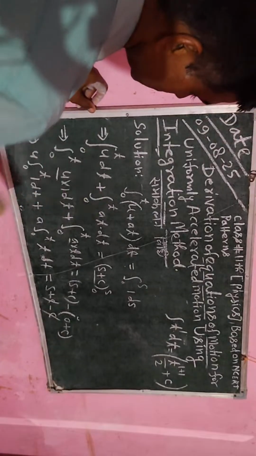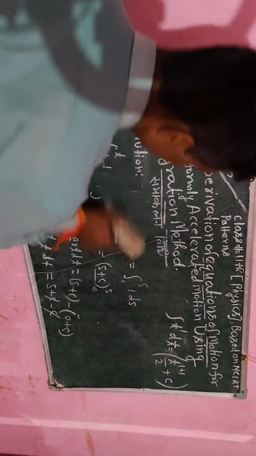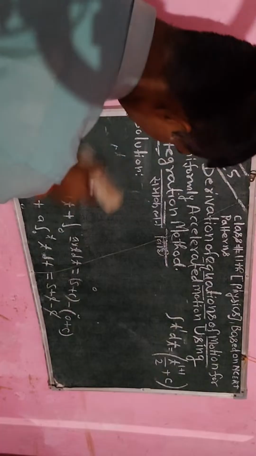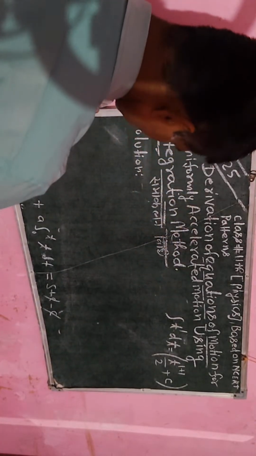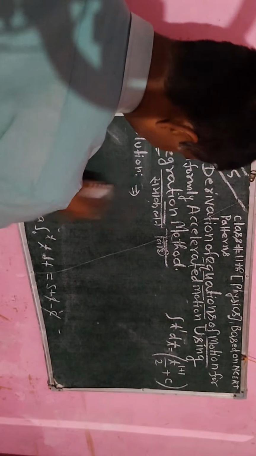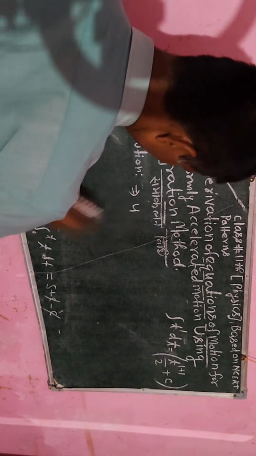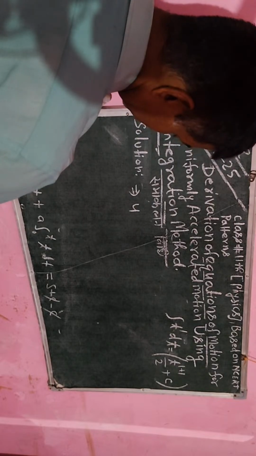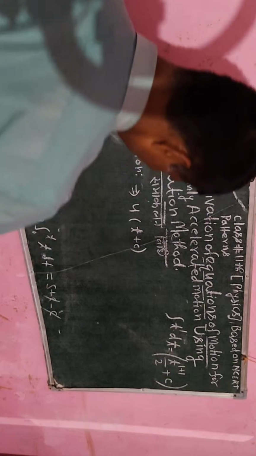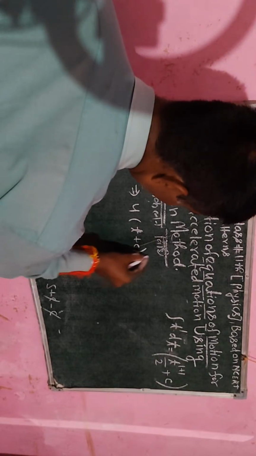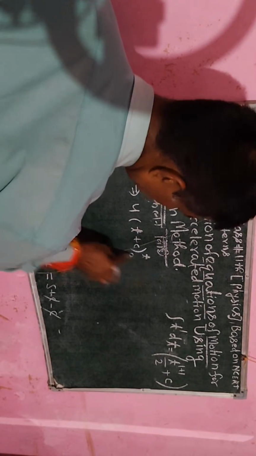Okay. So the above data I am going to erase, and after erasing I will write the data below. Here, in the place of a, I will put u into dt, that will be t plus c, with lower limit 0 to t.